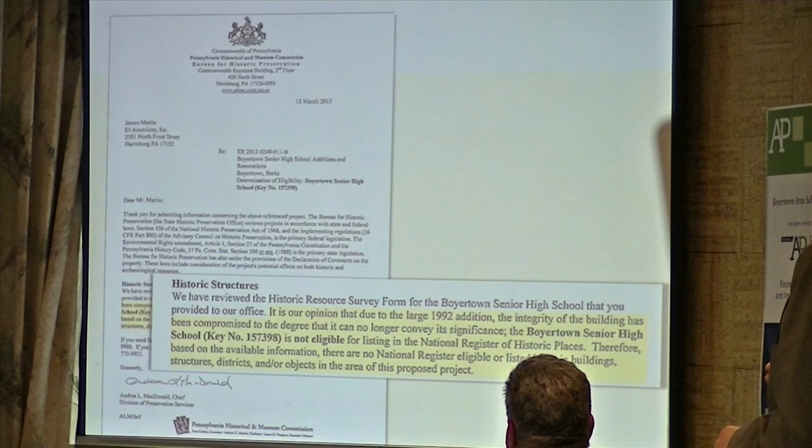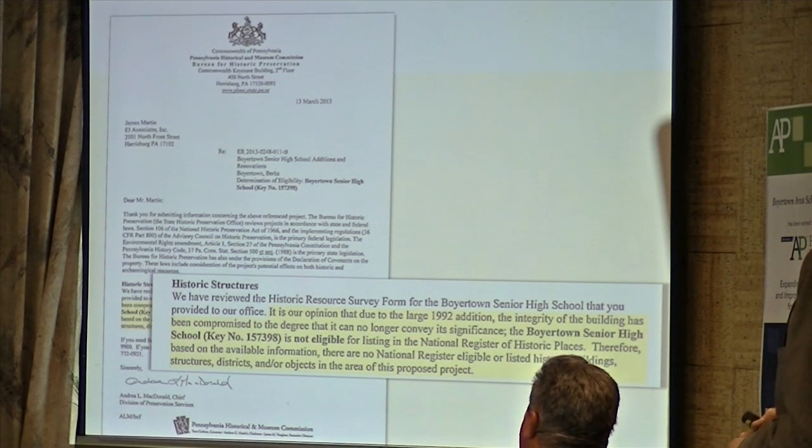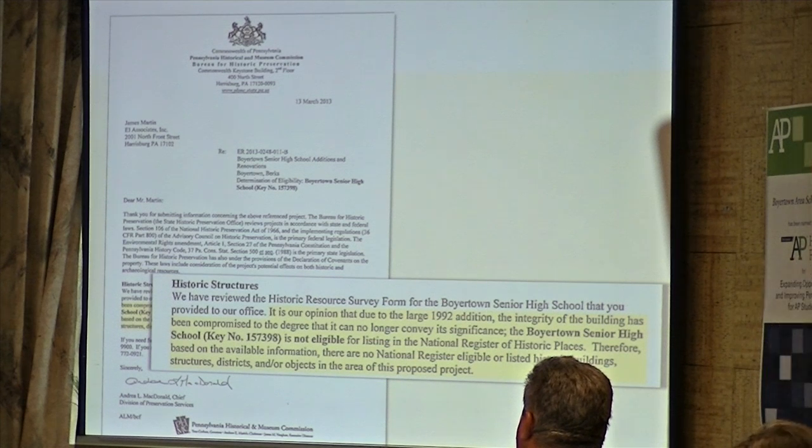The Boyertown High School, key number 157398, is not eligible for listing in the National Register of Historic Places. Therefore, based on available information, there are no National Register eligible or listed historic buildings, structures, districts, or other objects in the area of this proposed project.